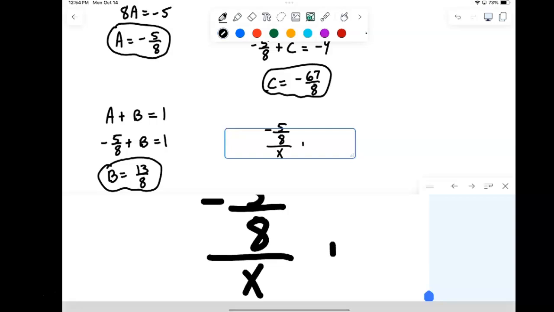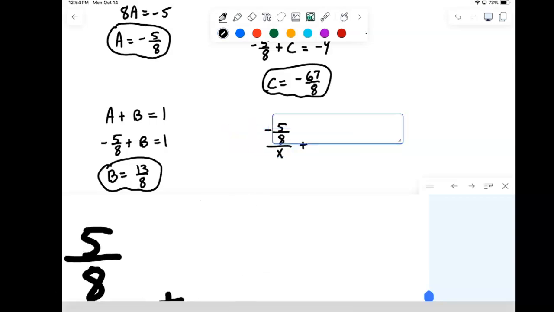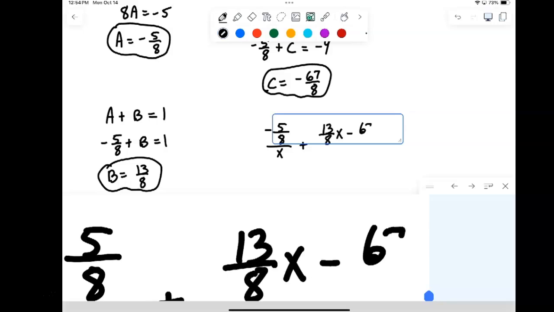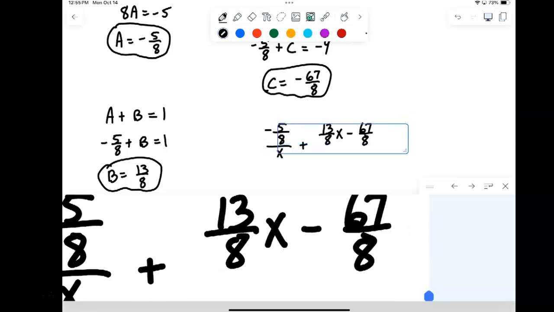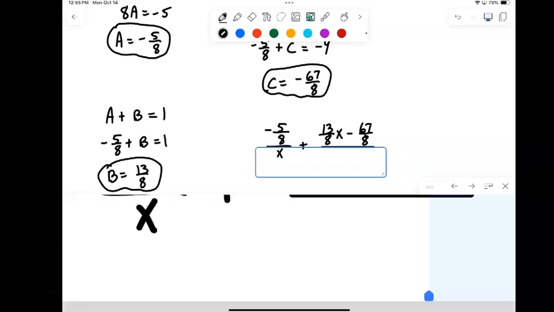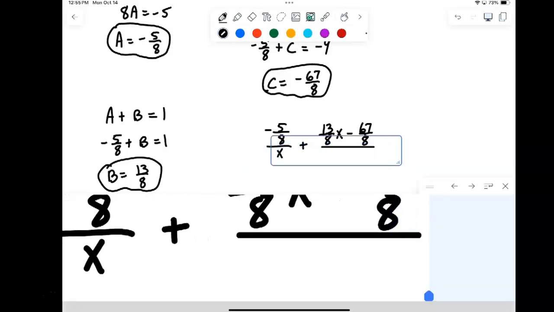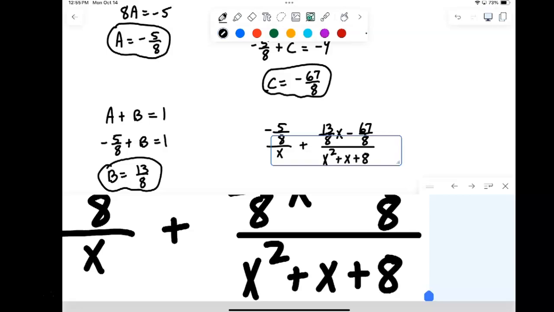And then plus (13 over 8)x minus 67 over 8, all of that divided by x squared plus x plus 8. And then there's just a little tiny bit of housekeeping we can do here.